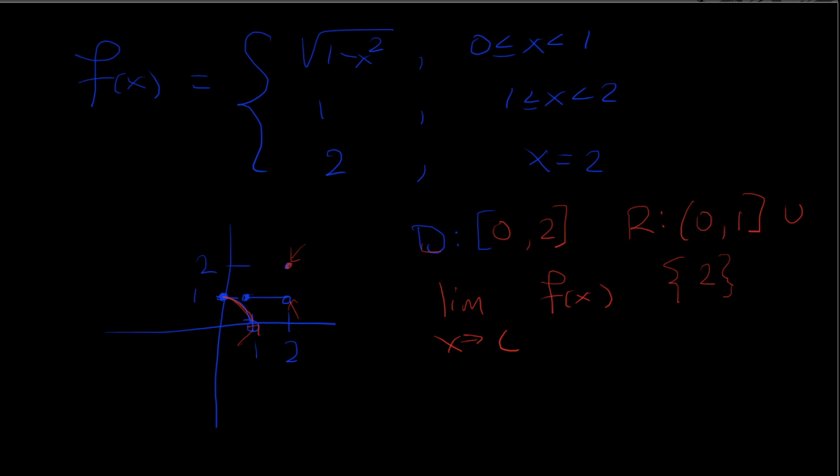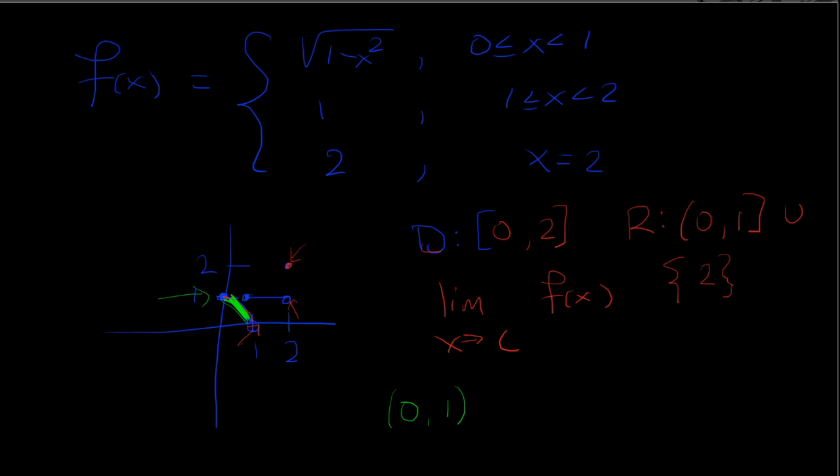Okay, so next question is, we want to see when this limit as x approaches c of f of x exists. Well, let's see. From the left, it won't exist. So at 0, it doesn't exist because from the left, there's no function there. The function doesn't exist. So we don't want to include 0. So everything over here between 0 and 1, not including 1, the limit will exist.